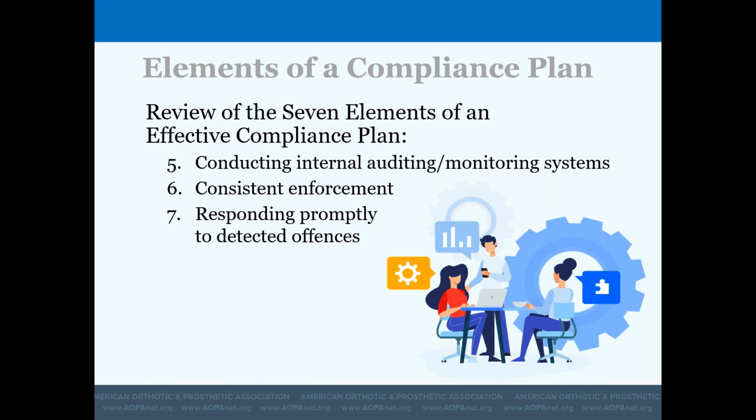The sixth element, or sixth pillar, is to ensure consistent enforcement of standards and discipline. Your disciplinary policies must be clearly written and should be widely publicized and readily available to all staff. The consequences of non-compliance and any subsequent disciplinary action must be consistently applied and enforced.